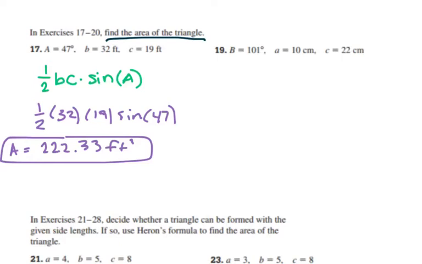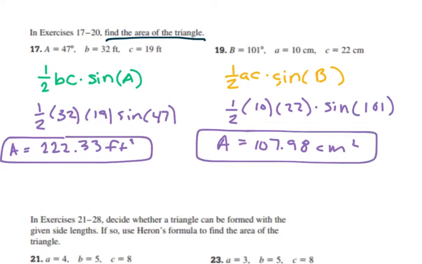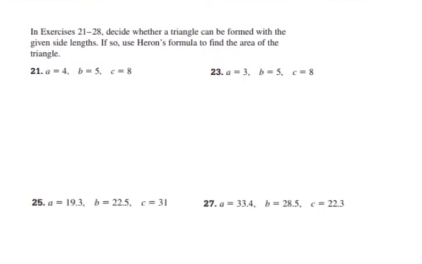Alright, next one is the same idea, only now we're going to be doing a half of A and C times sine of 101, which is B. And so we get a half times 10 times 22 times sine of 101. So we have an area for this one of 107.98 centimeters squared. So just knowing we have that formula.